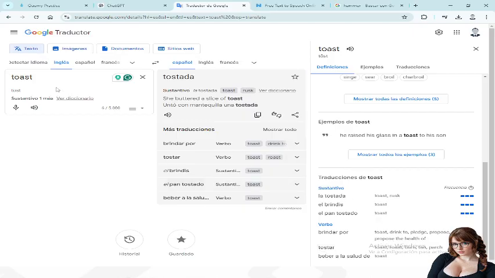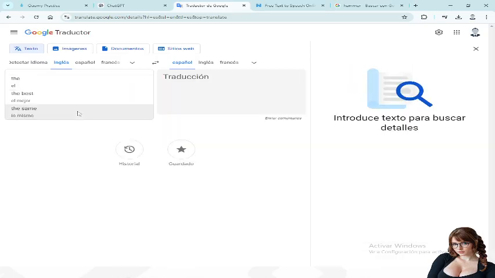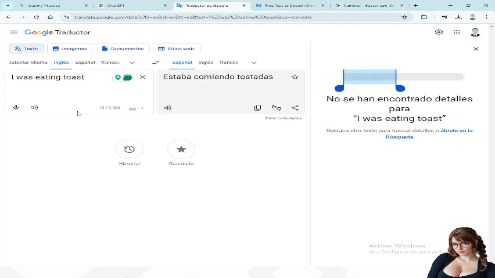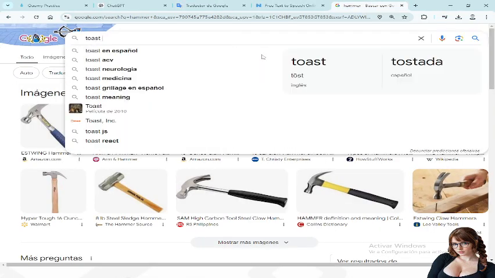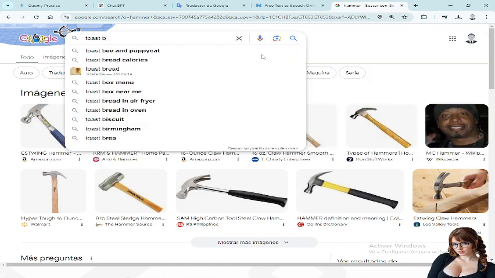But remember, if you are talking about the noun, we can write a sentence such as: I was eating toast. What is toast?